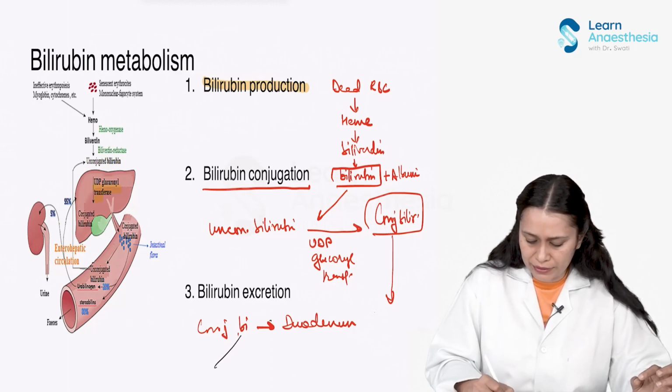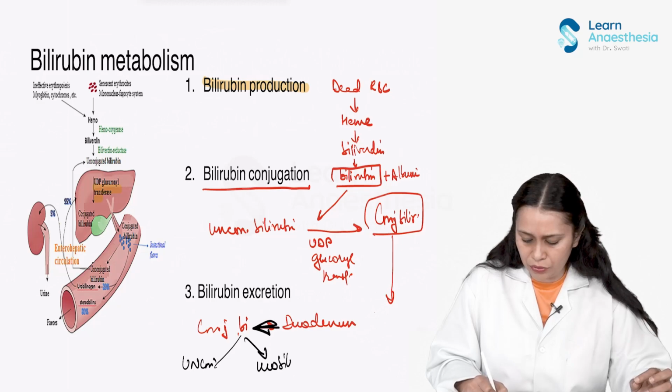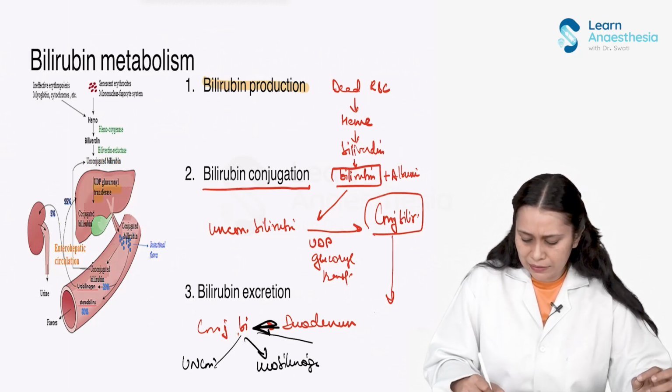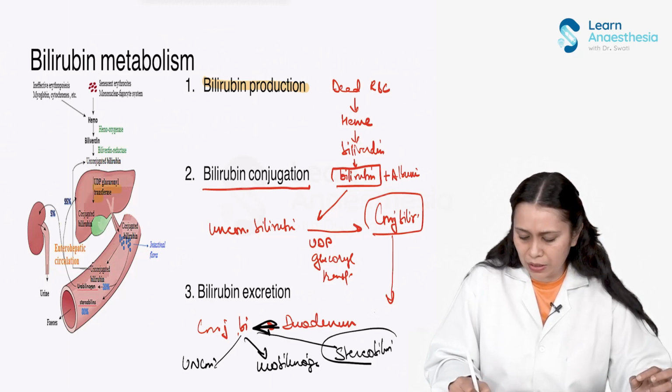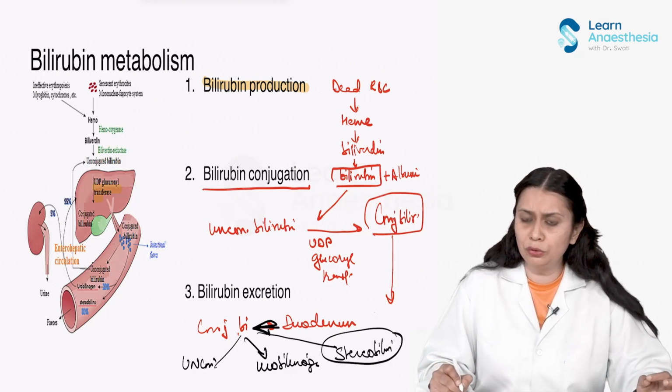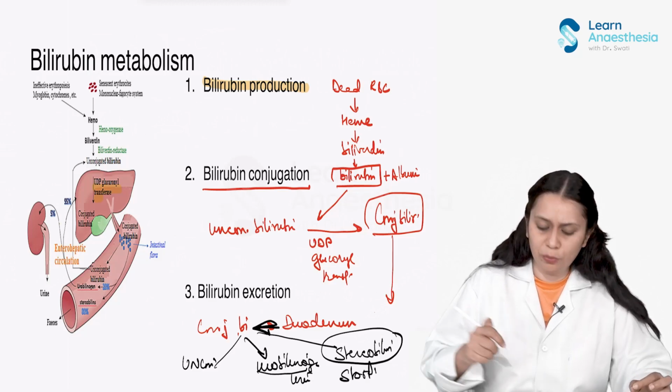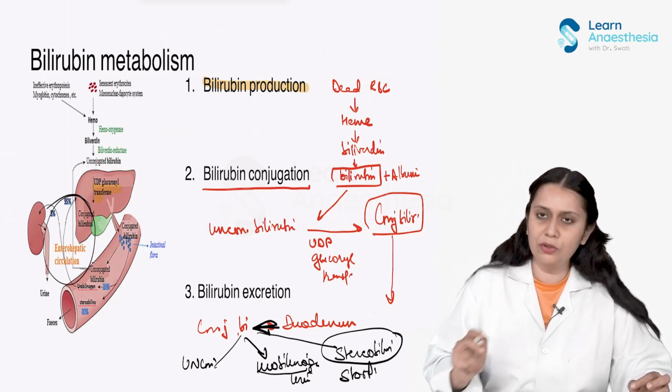Some of the conjugated bilirubin goes again into unconjugated bilirubin form. Some gets converted into urobilinogen, which is excreted through urine, and some into stercobilin, which gives color to the stool and is excreted through stool. So urobilinogen through urine and stercobilin through stool, and unconjugated bilirubin enters the enterohepatic circulation.